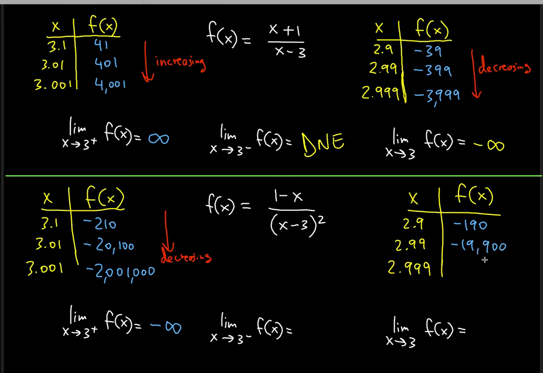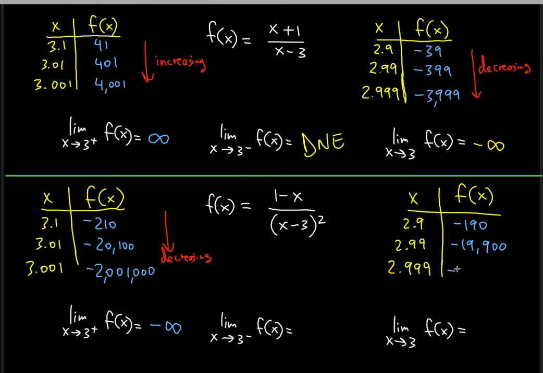So it looks like we're putting in a 9 between the 9 and 0, and then one more 0 after. So we're probably going to add one more 9 between 9 and 0, and then add a 0 after. But let's check that. 1 minus 2.999 divided by 2.999 minus 3 being squared.